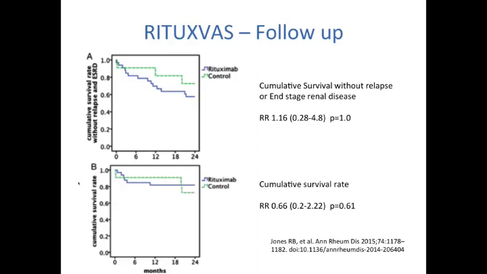The study now has a long-term follow-up, which Rachel Jones published last year, and showed that following the patients out to 24 months, there's no difference in overall survival or development of end-stage renal disease between the rituximab group and the control group, and therefore the two are similar.